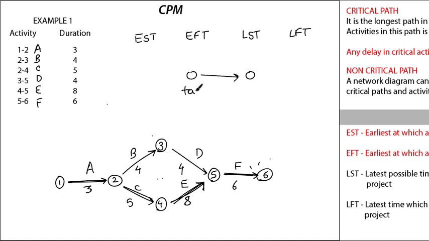The tail is usually denoted by I, and the head is usually denoted by J. Each and every activity will have a tail and head. A will have its tail and head, B will have its tail and head. Similarly, all activities will have a tail event and a head event. So we will draw 2 boxes at each node.